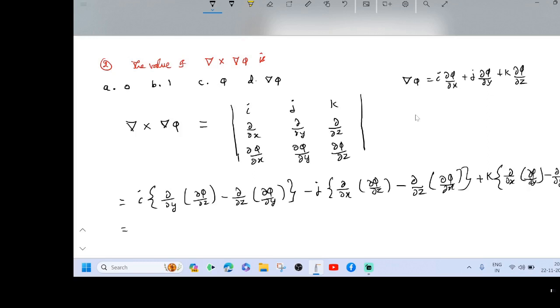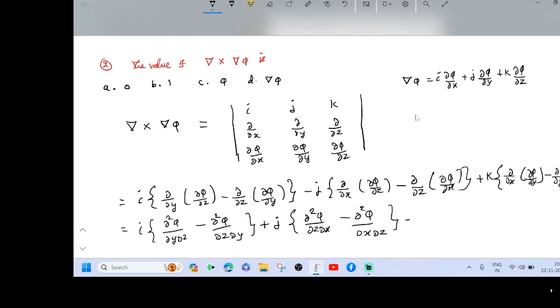See, dou by dou y of dou pi by dou z is dou square pi divided by dou y dou z minus dou square pi divided by dou z dou y, i into that, plus j into dou square pi divided by dou z dou x minus dou square pi divided by dou x dou z, plus k into dou square pi divided by dou x dou y minus dou square pi divided by dou y dou x.